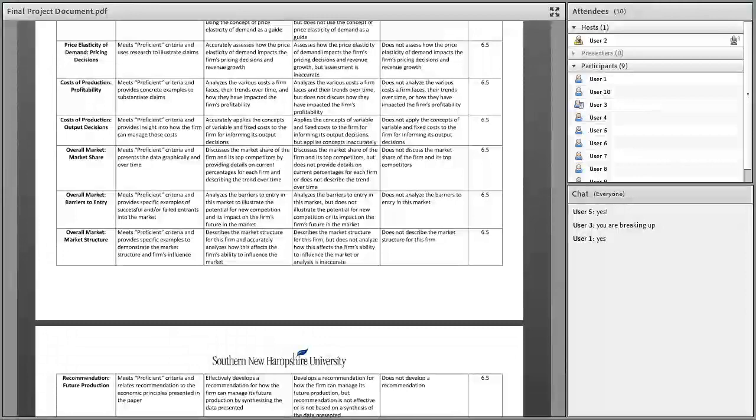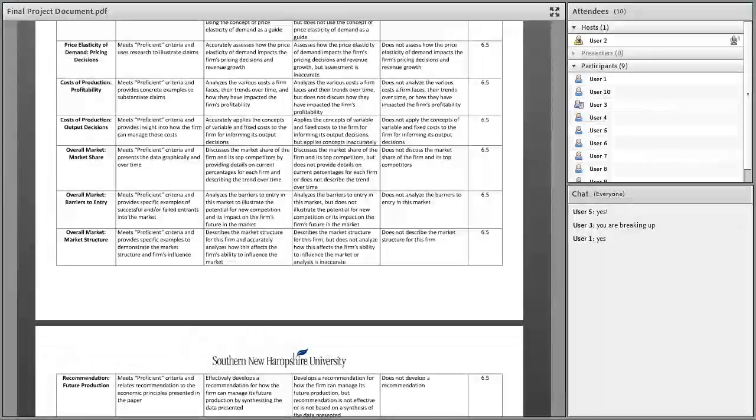And then you analyzed variable and fixed costs, and you determined how it informed the output decision. How does the firm make the decisions on where to produce based on the variable and fixed cost? And how is the firm profitable based on the cost of goods sold costs that it has to face?